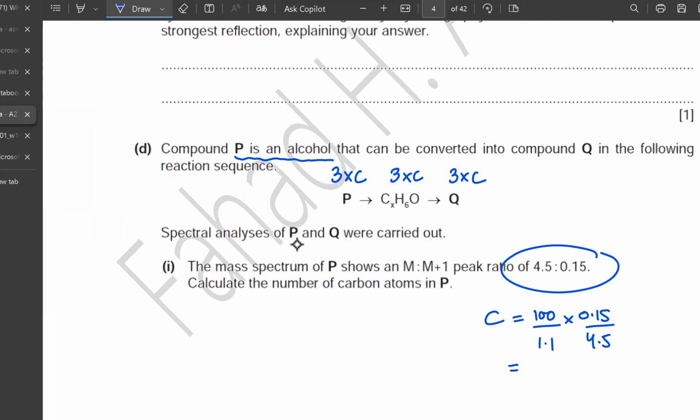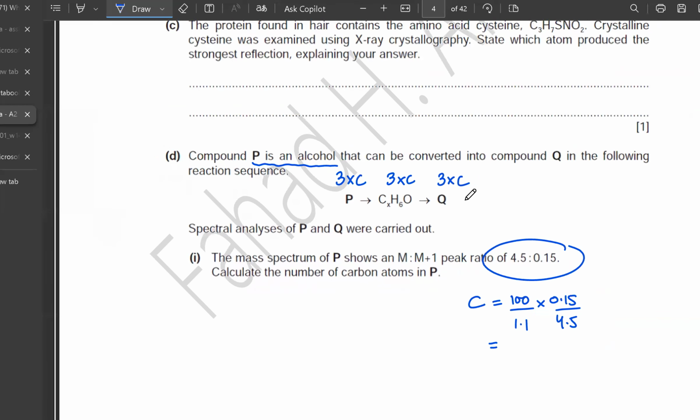Now he's saying it's getting converted to compound Q in the following reaction sequence. So it's a 3 carbon atom thing that's getting converted to this thing, and then it's getting converted to Q. And what he did was he gave you the spectrum of both P and Q. I said it's a 3 carbon atom alcohol. You only have two 3 carbon atom alcohols.